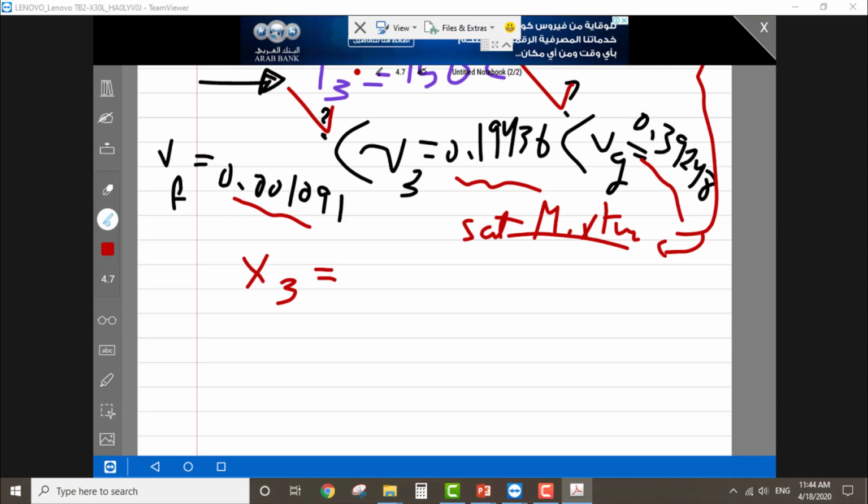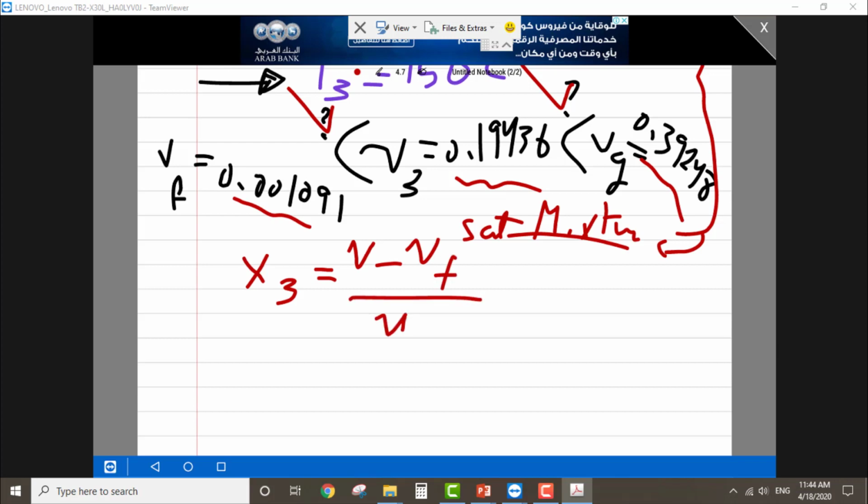So in the table we must fill that the phase of this state is saturated mixture. This is why we need to find x3 in order to find u3. So x3, the equation is v minus vf divided by vfg.